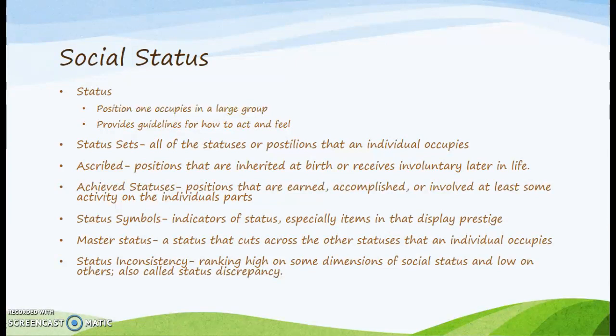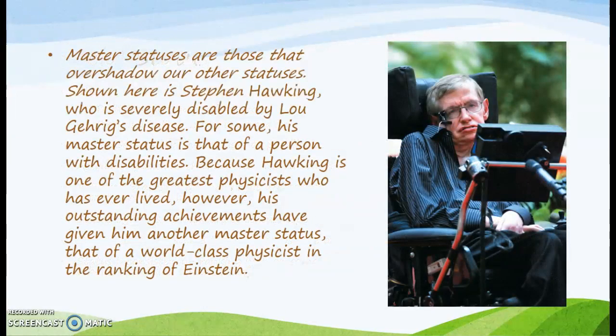And then a master status. That's a status that cuts across the other statuses that an individual occupies. And I'll show you an example here in just a second, okay? Status inconsistency is ranking high on some dimensions of social status and low on others, and these are called status discrepancies, okay? So, as a status discrepancy, perhaps, master statuses are those that overshadow other statuses, okay? So, here is Stephen Hawking, right?